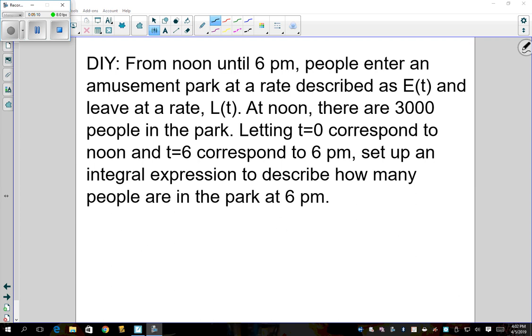T equals 0 corresponds to noon, and t equals 6 corresponds to 6 p.m. And then we're asked to set up an integral expression to describe how many people are in the park at 6 p.m. So go ahead and see if you can use what you've learned in the previous slides to help you set up this integral expression. Notice I said integral expression, not singular integral, because you might need more than one. So go ahead, pause, try it out, and then I'm going to have our solution right on the board.